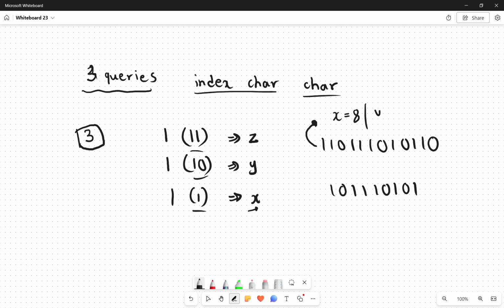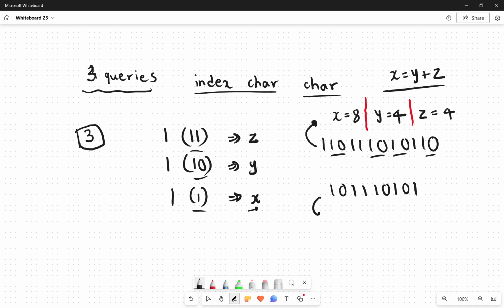Here y will be 4, and z will be 4. So here you can notice that x is equal to y plus z, isn't it?